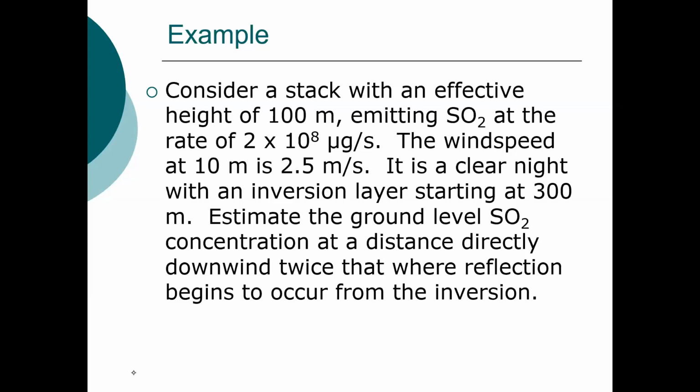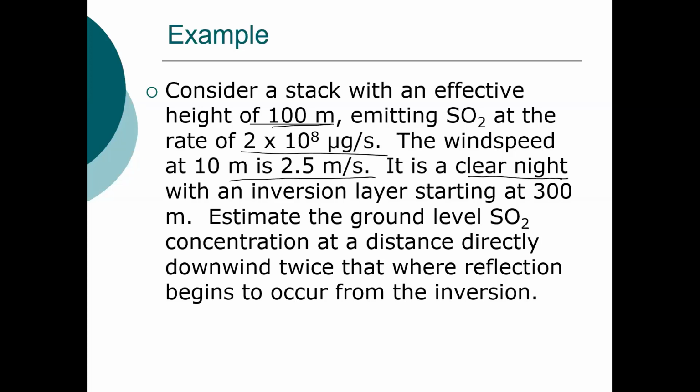We have a stack, and you're given the effective stack height in this case. It's emitting SO2 at a rate of 2 times 10 to the 8 micrograms per second. We've got a wind speed at 10 meters of 2.5 meters per second.